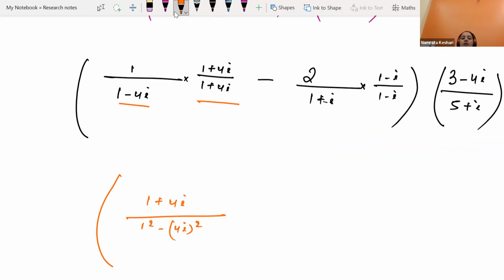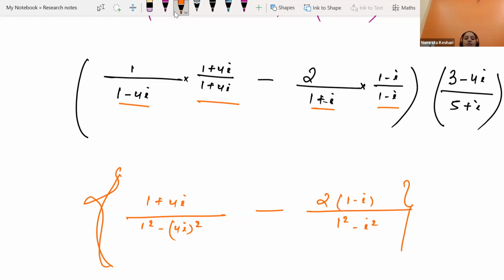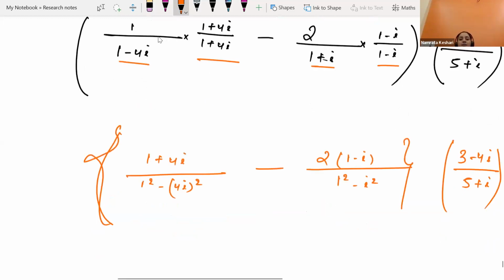Here also a minus b, a plus b we have created, so it is a square minus b square, and in the numerator just 2 times 1 minus i. Here we are having (3 - 4i)/(5 + i). Any confusion so far, Ali and Alina?